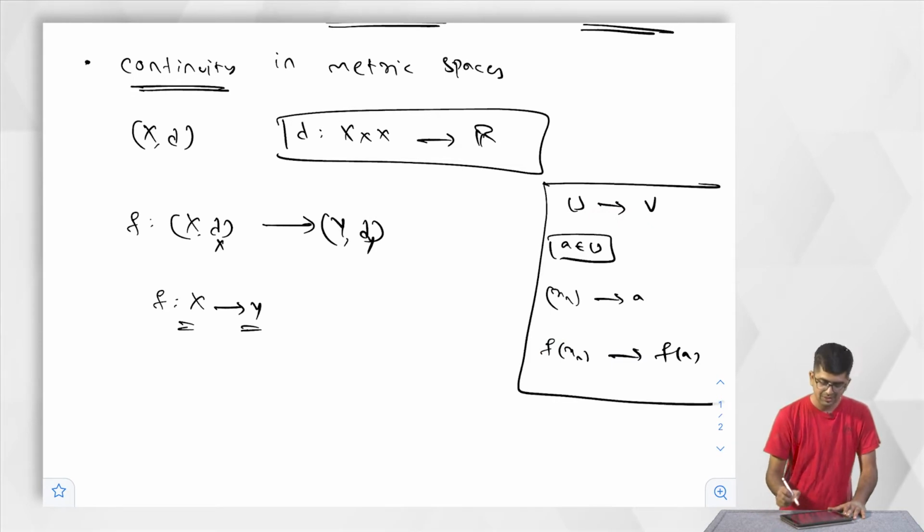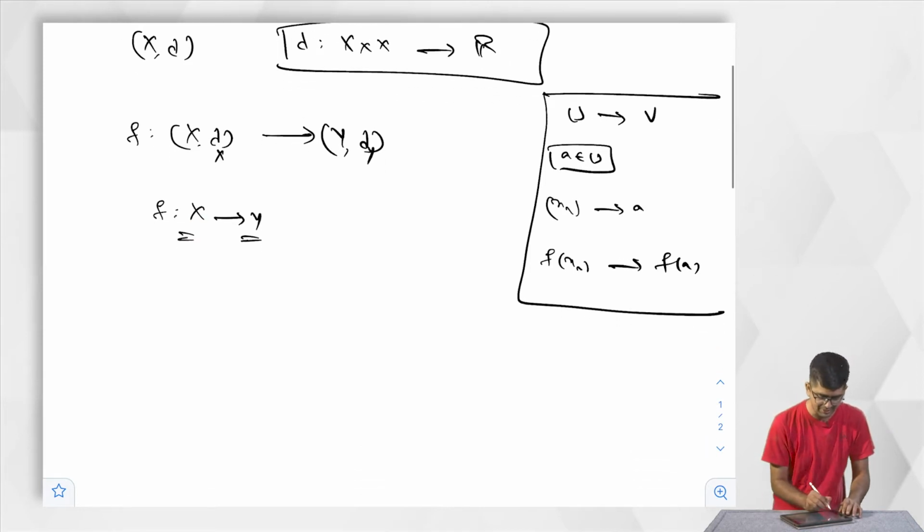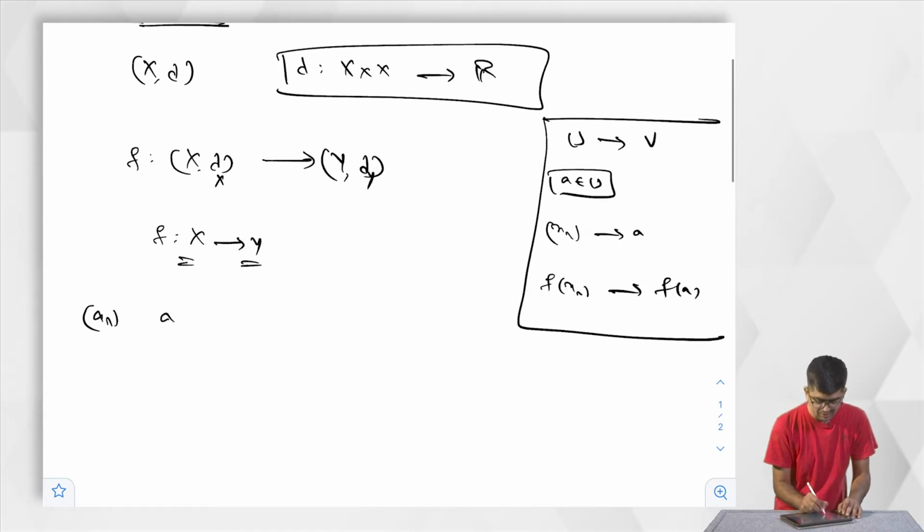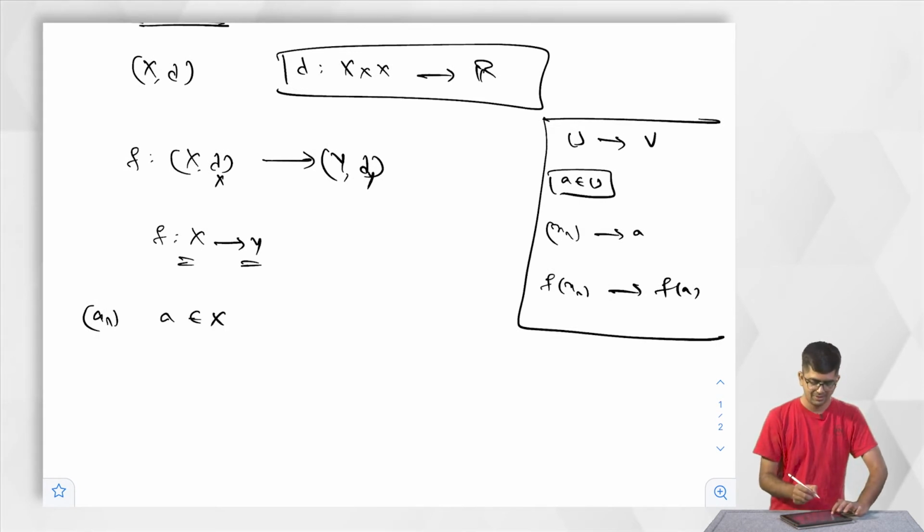So what we do is try to imitate the same definition in this setup. X is a metric space. As we have said, there is a notion of convergence of a sequence in a metric space. What is it? The usual same idea. A sequence a_n in X converges to some element a belonging to X if some condition is satisfied.